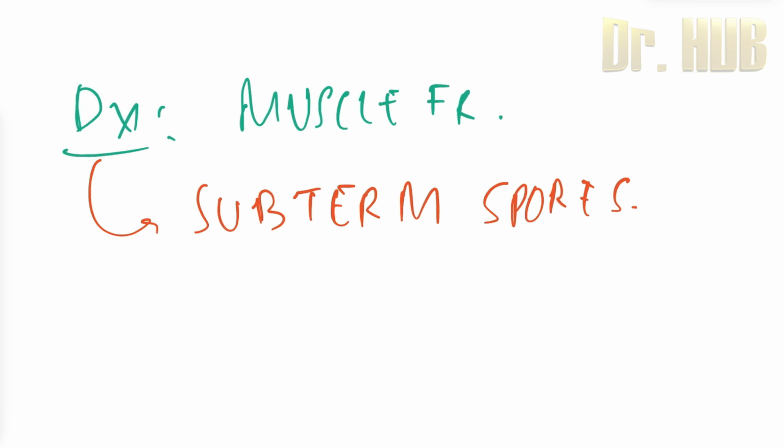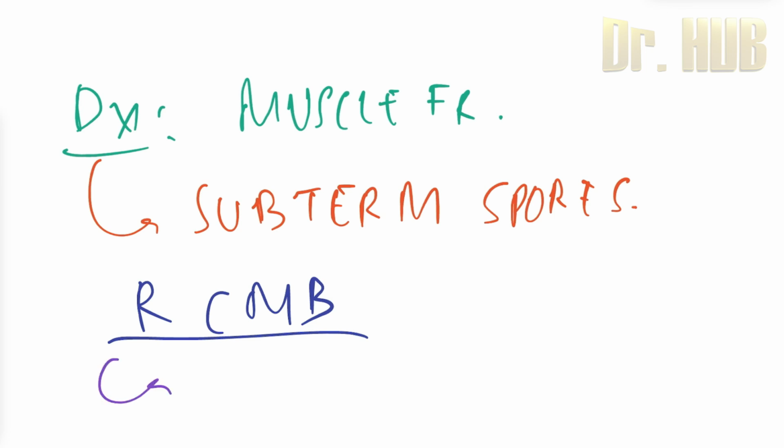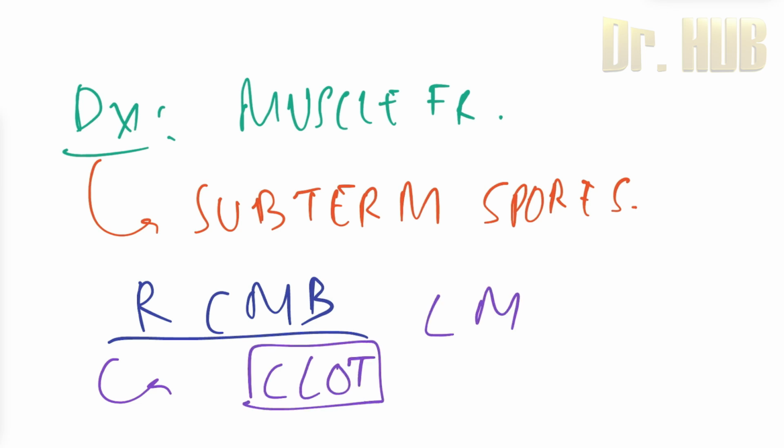The media contains Robertson cooked meat broth. And litmus milk shows a stormy clot formation.